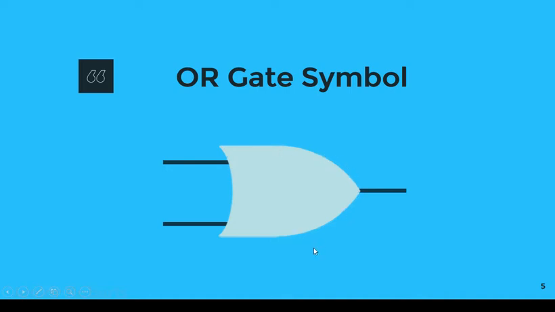If you look closely, you might see that the OR gate kind of resembles those spaceships in some of those video games that you probably play in your free time. So this is the symbol for the OR gate. We need to be completely aware of its symbol.